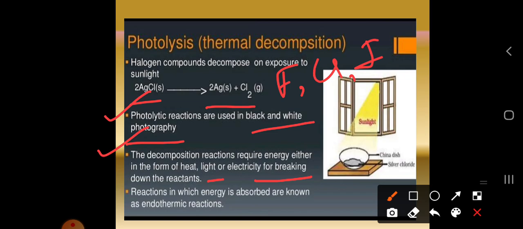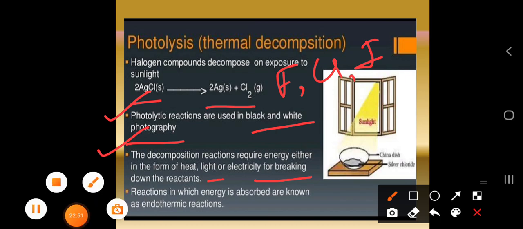When we use electricity, it is called the electrolytic decomposition reaction. So here two types of decomposition reactions are there. The first one is thermal decomposition and the next is electrolytic decomposition reaction. Another, the last one, is photolysis.